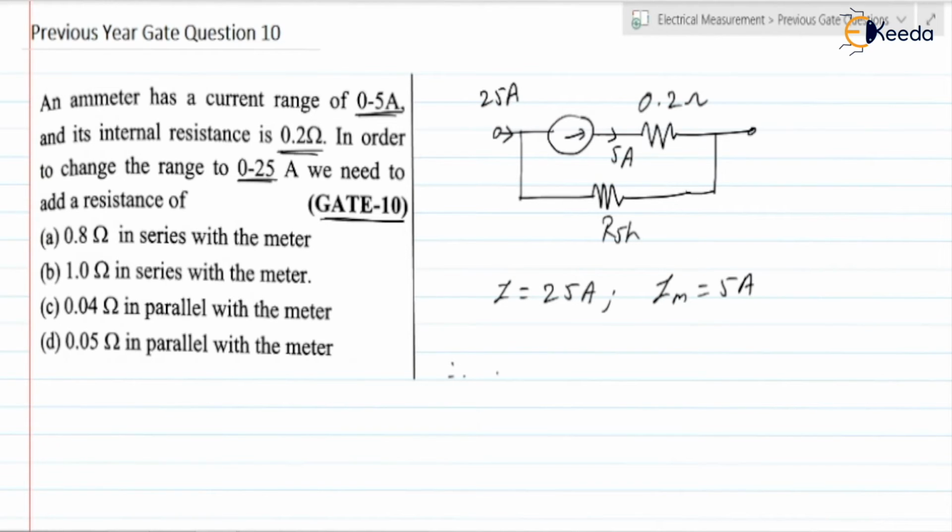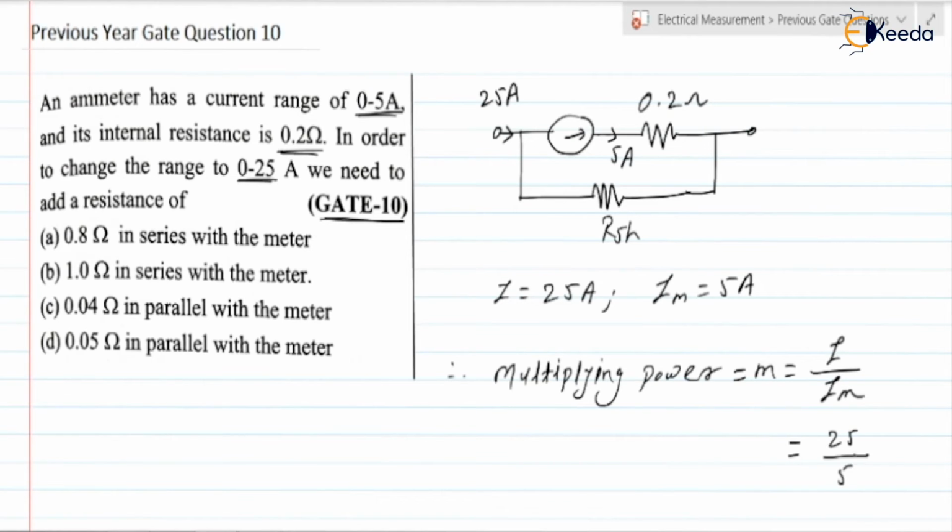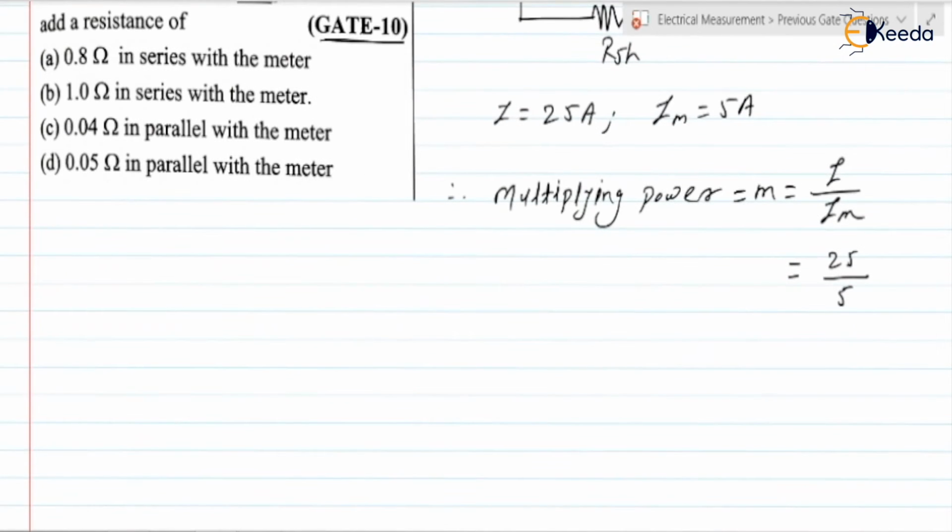So therefore we can write multiplying power or multiplying factor, you can say, M is equal to I upon Im. So if you check, it is 25 upon 5, so it is equal to 5. So M is equal to 5.